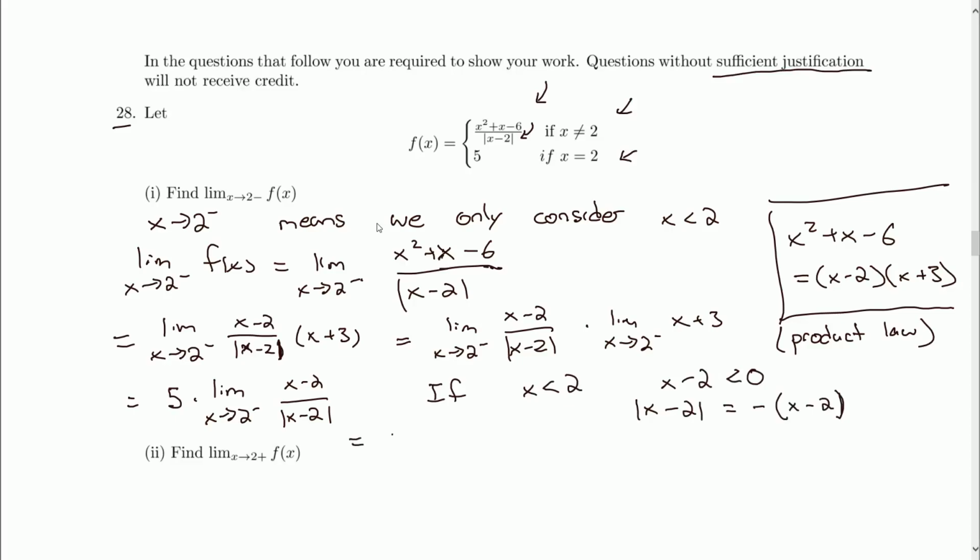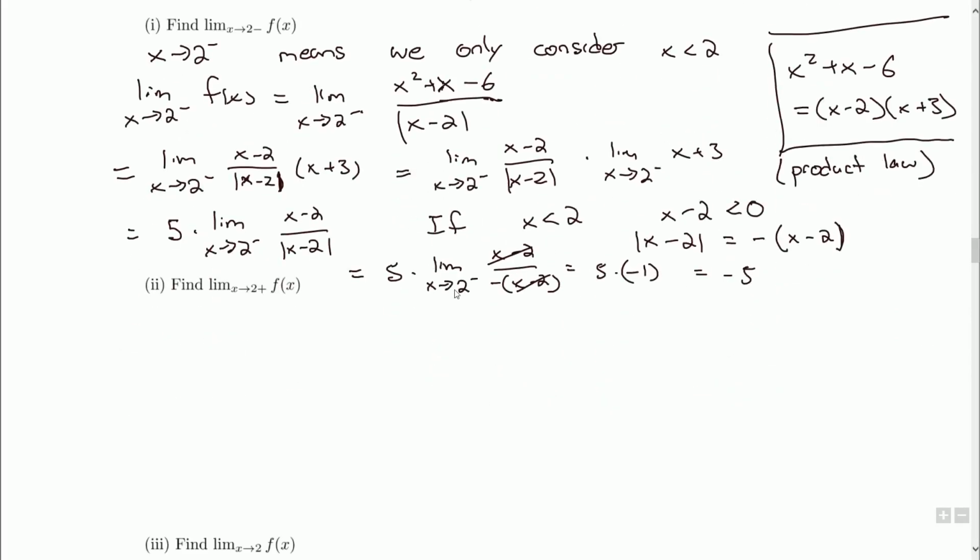So really, this is 5 times the limit of x minus 2 from below, x minus 2 over negative x minus 2. This is 5 times the limit of negative 1. Because the x minus 2's are going to cancel out, and we'll just be left with 1 over negative 1. So our answer here is a limit of negative 5. Now, you could probably write it a little neater, a little more organized than I did, but everything that needs to be there is there.